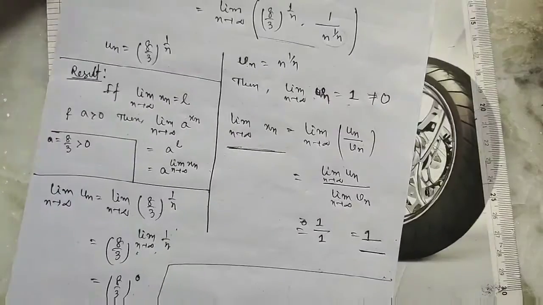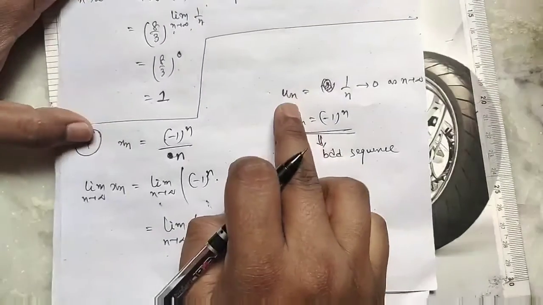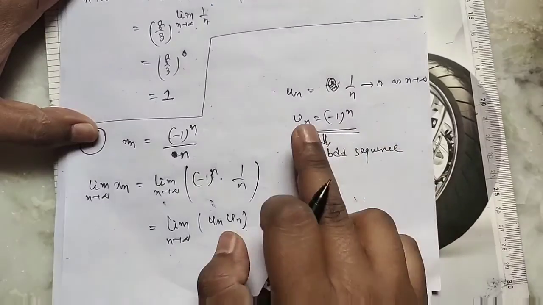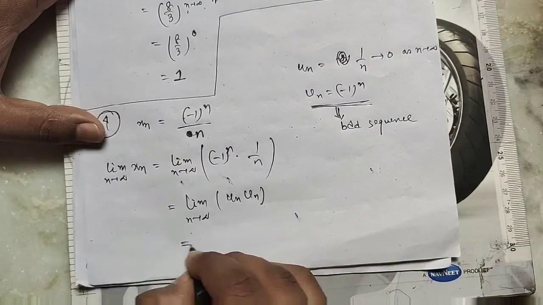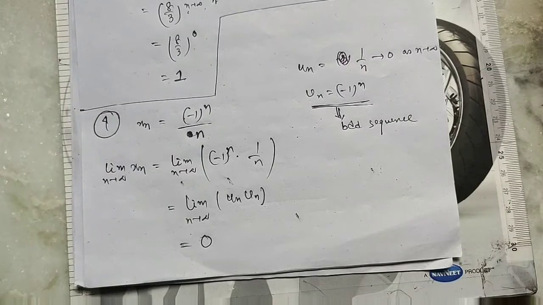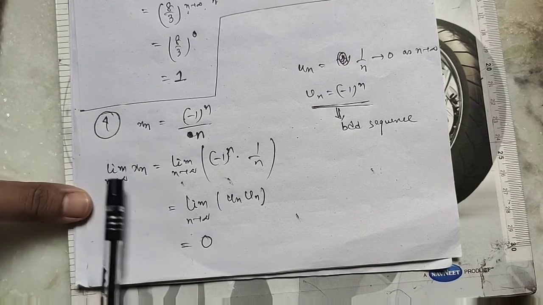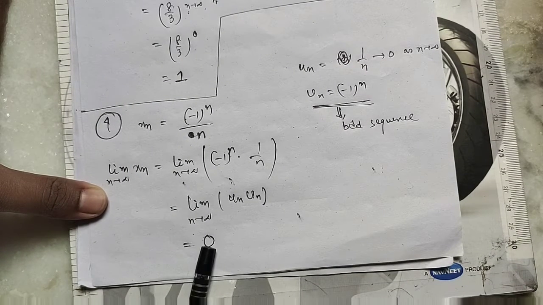Clear? So here un is a real sequence converging to 0 and vn is a bounded sequence, so un vn converges to 0, so limit un vn equal to 0. Clear? Therefore limit xn equal to 0. Okay, clear?